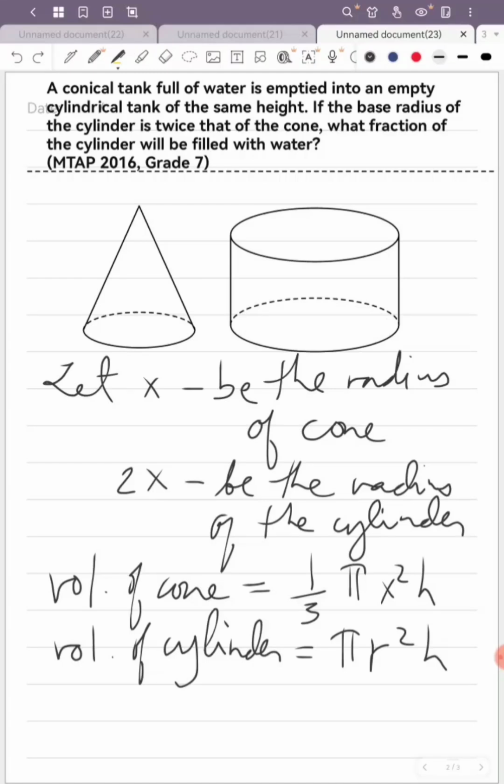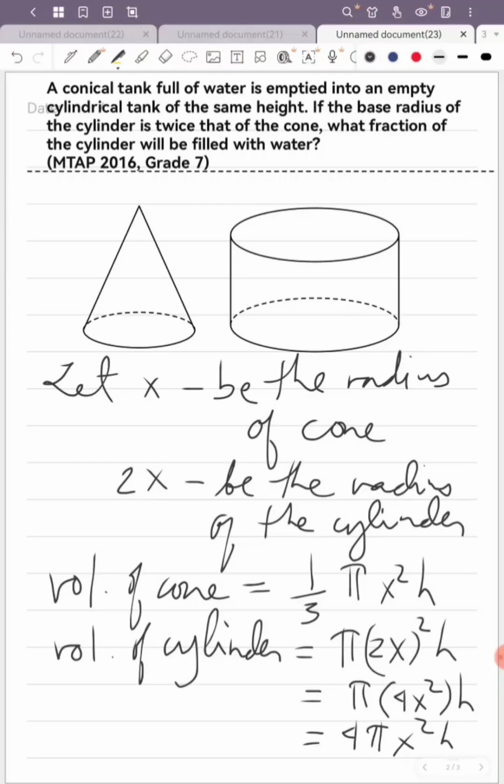So we're going to replace r with 2x because the radius is twice the radius of the cone. So we'll replace r with 2x squared h. So we're going to simplify. It becomes pi 4x squared h, then it will become 4 pi x squared h.